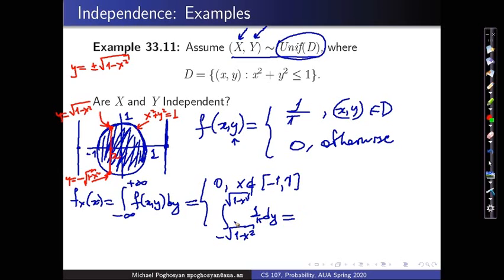The length is this minus that, and I will have 2 over pi. The 2 is from this minus that, it will give 2 times this square root, square root of 1 minus x squared. So this is the marginal PDF for x in the case when x is between minus 1 and 1.